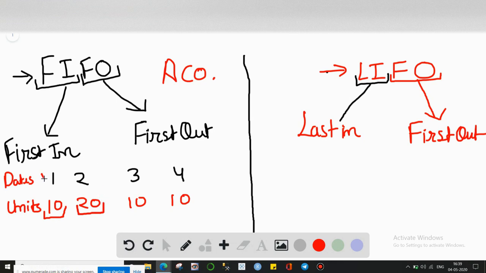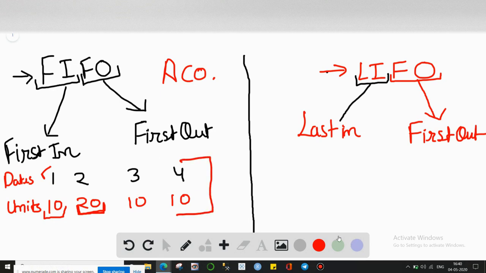Why 10 units from this one? Because these 10 units have been purchased in first place, and followed by that 10 units will be allocated from these 20 units. So likewise, whichever item has been purchased in first place will be sold first, like first in, first out. So we have understood the meaning of FIFO method.